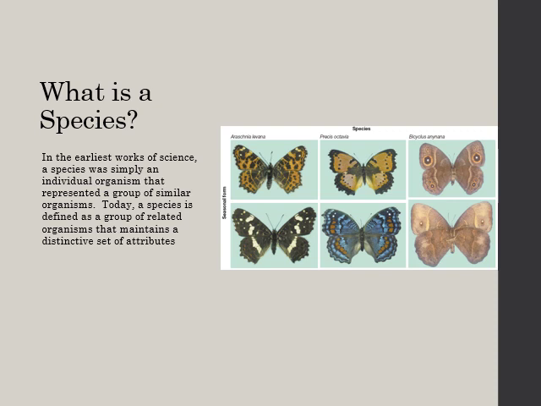That thing has 4 legs and barks, we'll call it a dog. There's our species. Today, this is the modern definition of a species: a group of related organisms that maintains a distinctive set of attributes. Quite literally, they say the same thing. This has not changed in thousands of years.